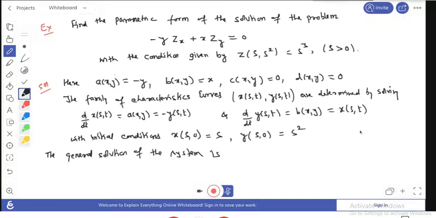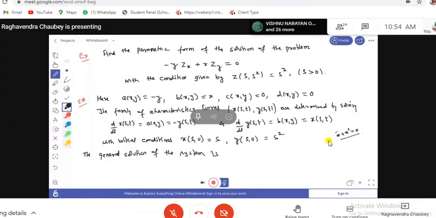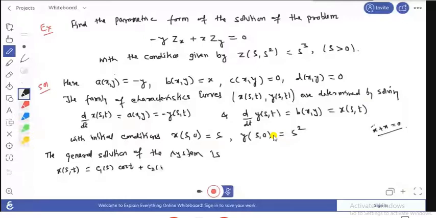This means x double dot plus x equals 0. We know that the roots of that equation are plus minus i, so the general solution is x of s, t equals c1, which is a function of s here because this is ordinary differentiation with respect to t, times cos t, plus c2 times sin t.